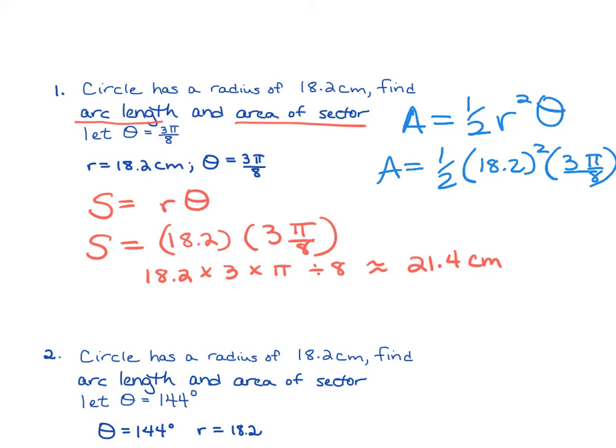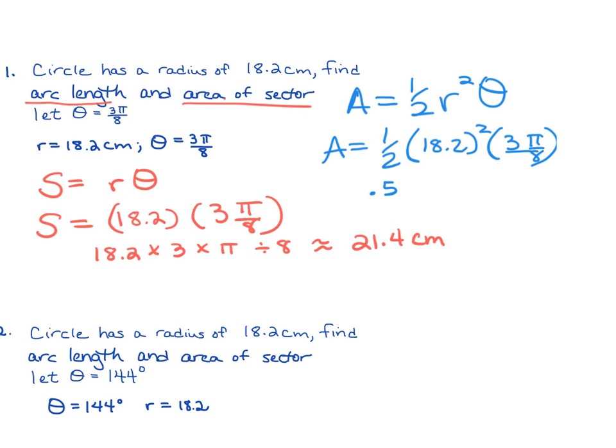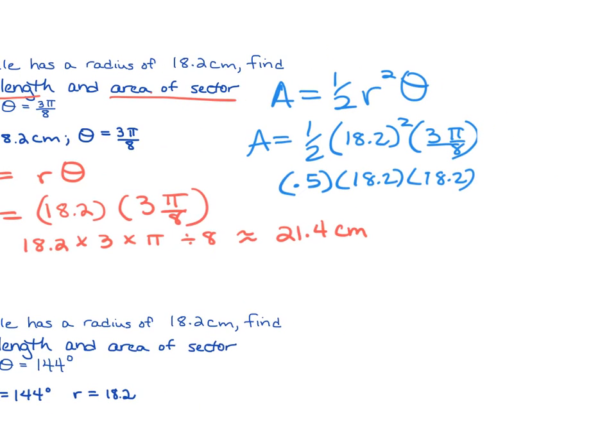You can either know ahead of time that 1/2 is 0.5, and then do 18.2 times 18.2, or you can use your square button, and then times 3 times pi divide by 8. Once you do all of this, you get 195.12. Units for area are always squared.